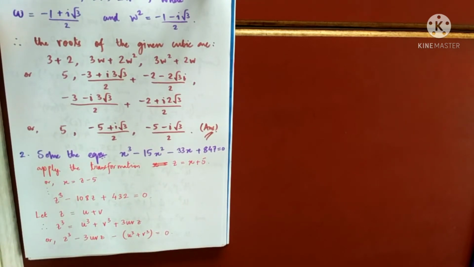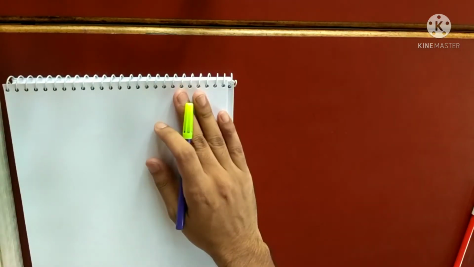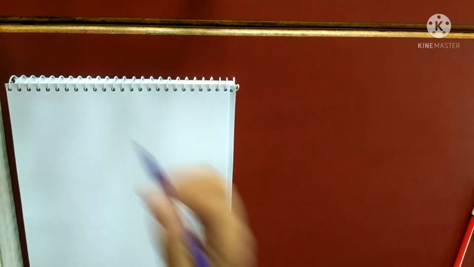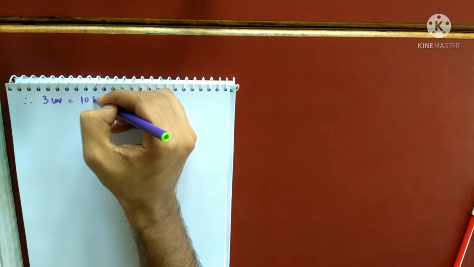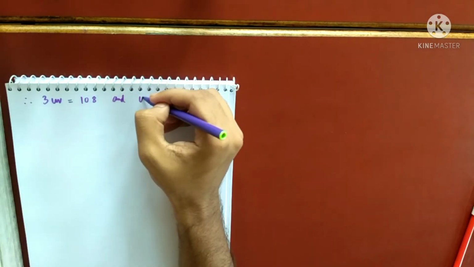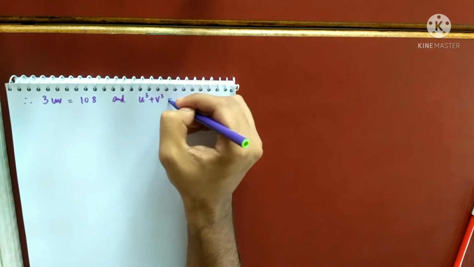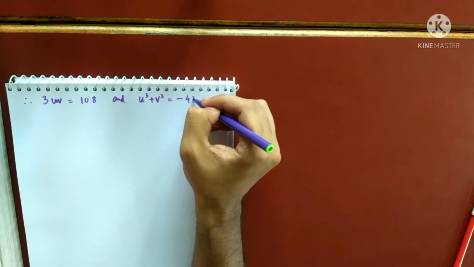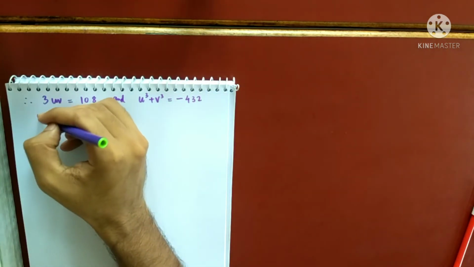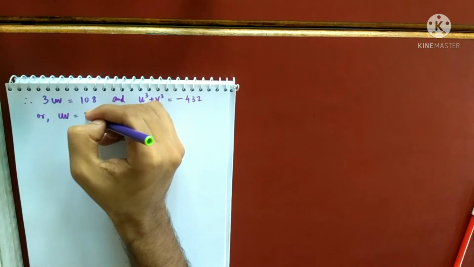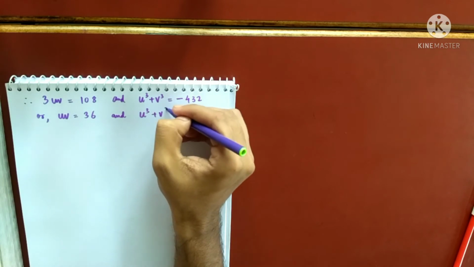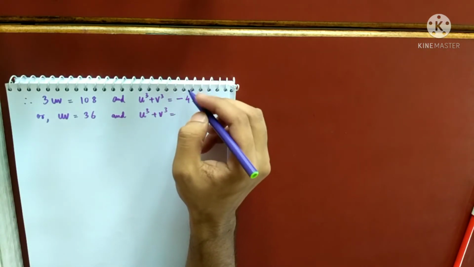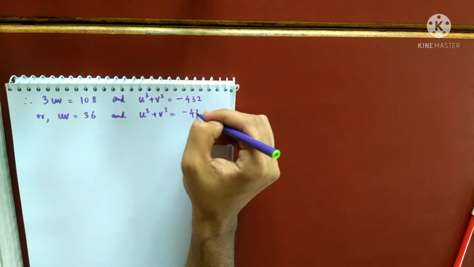Let's write it down. So 3uv equals 108 and minus (u cube plus v cube) equals 432. So that means u into v is 36 and u cube plus v cube equals minus 432.